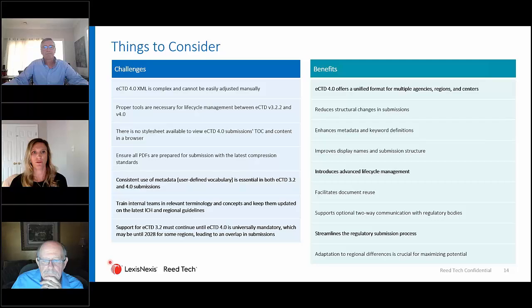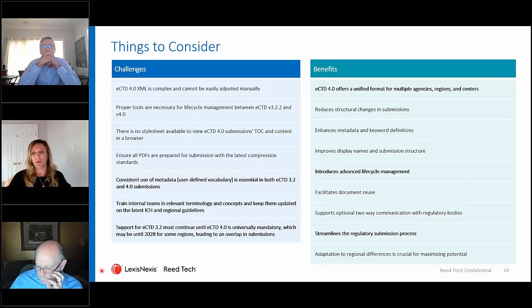And having a unified format for multiple agencies and regions has always been the concept of eCTD, as we know, but 4.0 has been in the works for many years, and it's always been the aim to further increase that unified format.